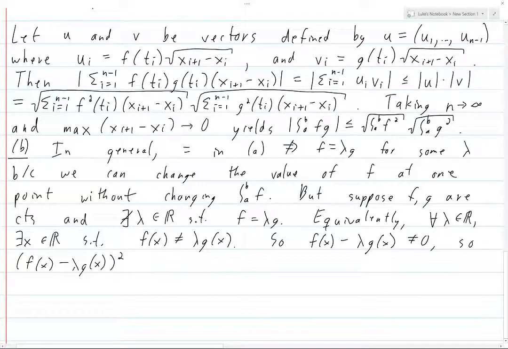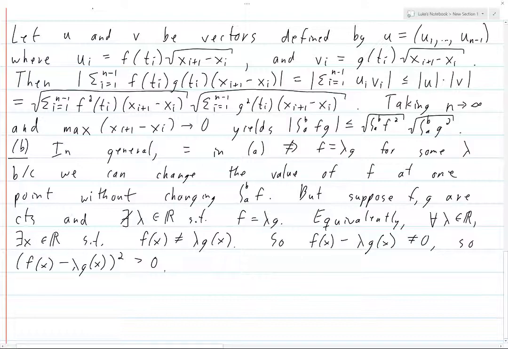However, we're squaring something, and any real number squared is greater than or equal to 0. So this quantity squared is not equal to 0, which means that it must be greater than 0, because it's some number greater than or equal to 0 which is not 0, which is precisely what it means to be greater than 0.